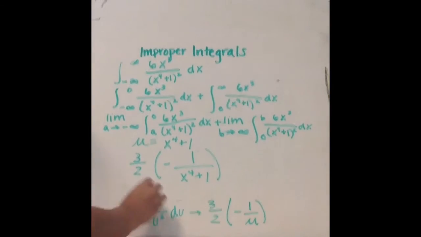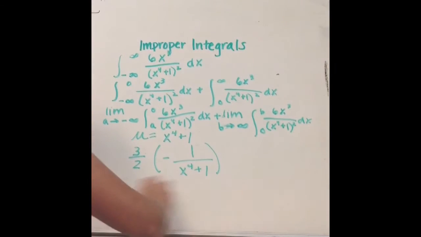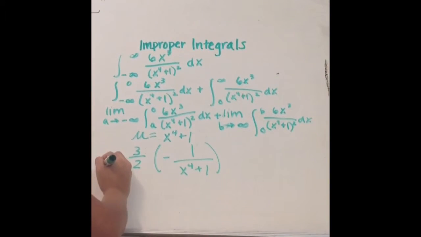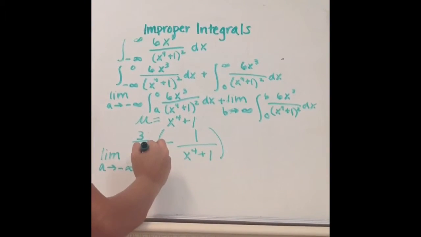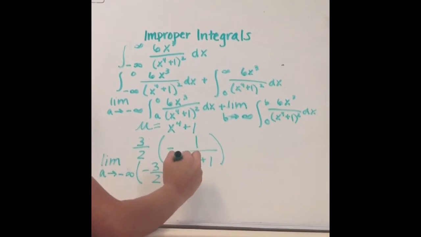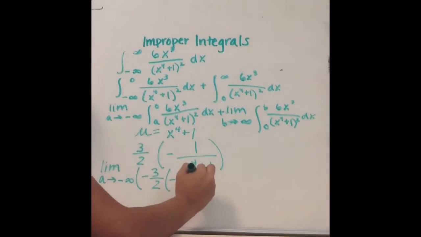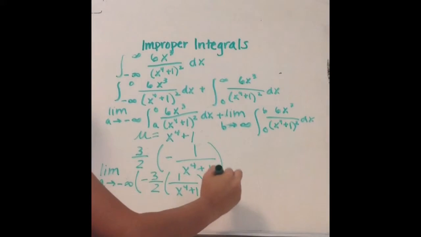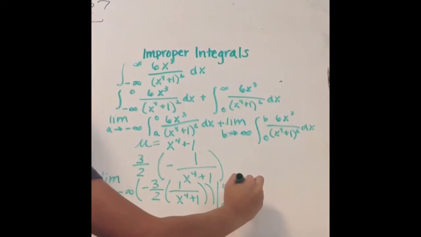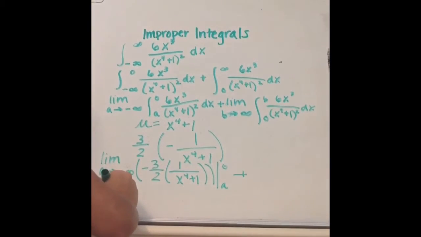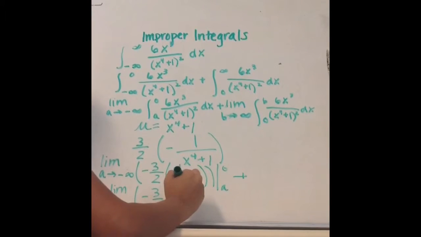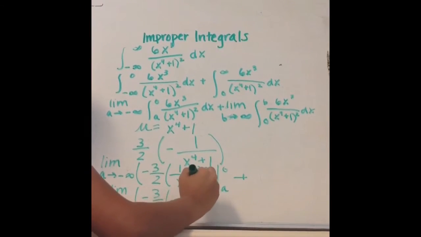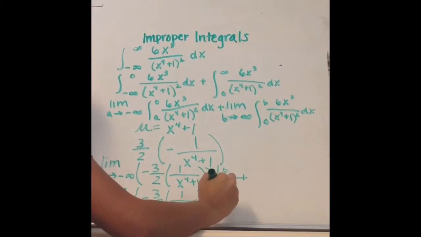So what we have now is the limit as a approaches negative infinity of negative 3 over 2 times 1 over x to the 4th plus 1 evaluated from a to 0, plus the limit as b approaches infinity of the same expression evaluated from 0 to b.